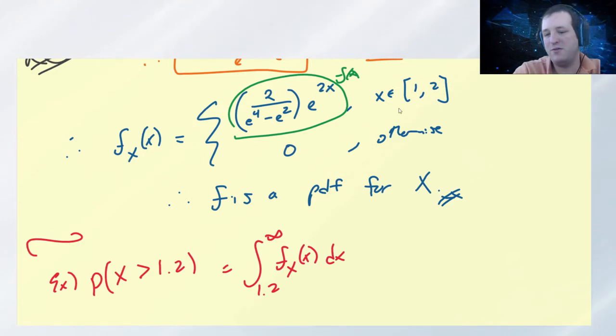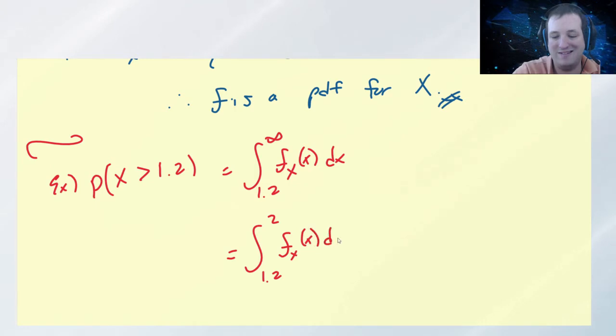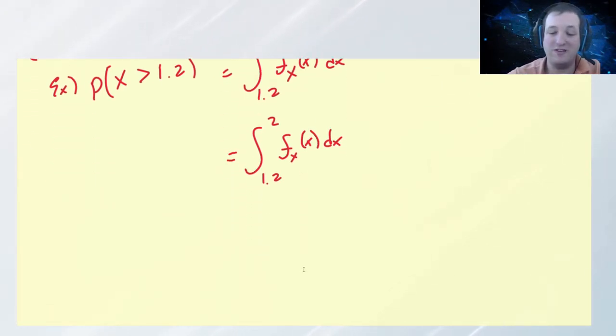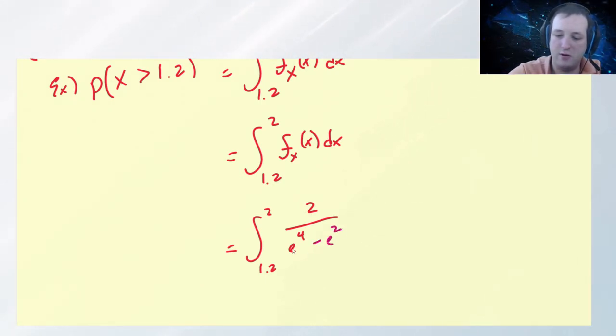So remember that the support of this function is [1, 2]. So from 2 to infinity, this function is equal to 0. That means this integral is equal to the integral from 1.2 to 2 of f(x) dx. So on 1.2 to 2, the function is of course equal to that function that we built, in particular 2 divided by e^4 minus e^2 multiplied by e^(2x) dx.